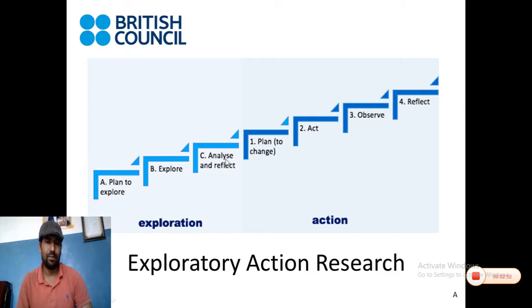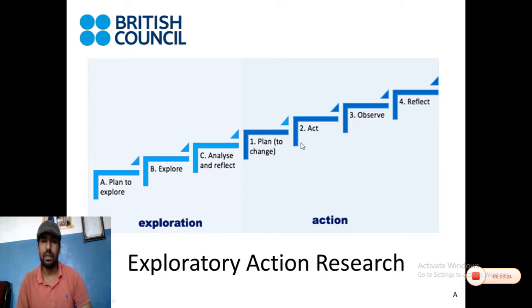So what data we have collected, on the basis of this data we analyze and we come to the conclusion, then only we go for change, or we plan for change. After November 15 we start planning for change, and then we act in the class and we observe, and finally we reflect. Probably in January we'll be presenting in a mini conference here in Sunsari.